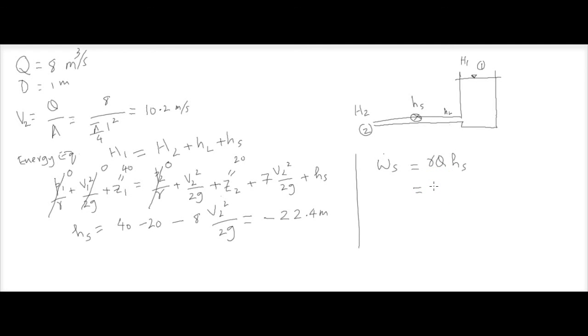Since this is water and the discharge is 8, we can write this as 110 newtons per cubic meter times 8 times 22.4, and this gives you 1.76 times 10 to the power 6 watts, which is the same as 1.76 megawatts.